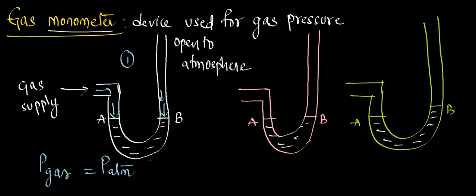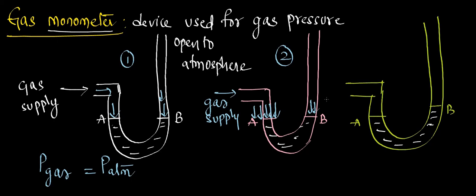Now take the second case. Imagine that gas pressure is more. Then on A side, more pressure is applied compared to B side. B side, the atmosphere is exerting pressure, but on the left side, gas pressure is more.